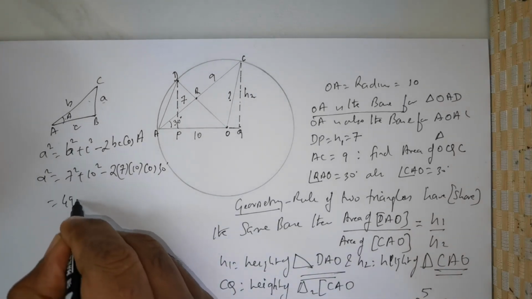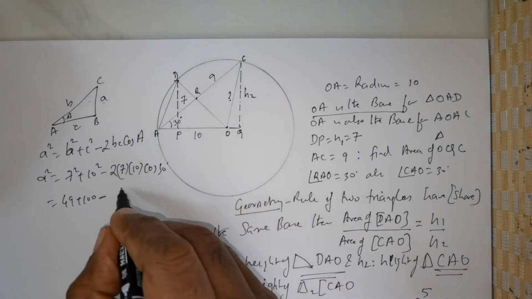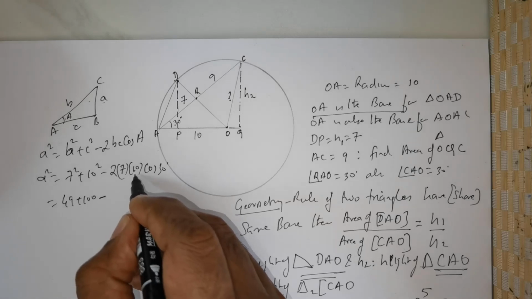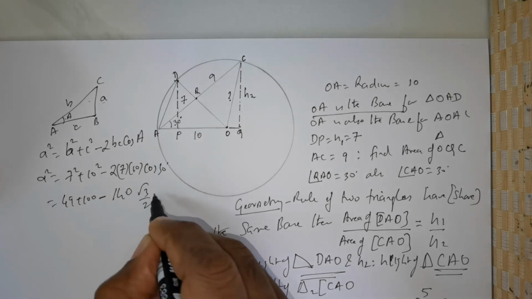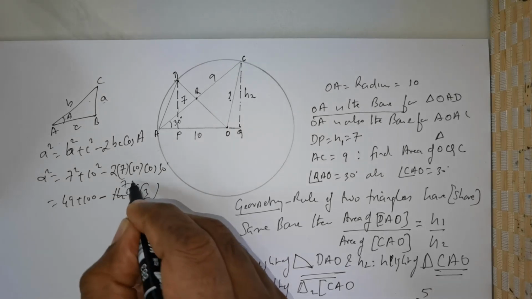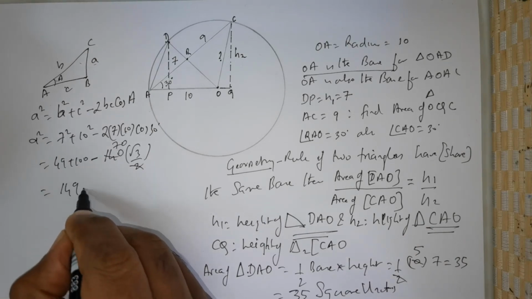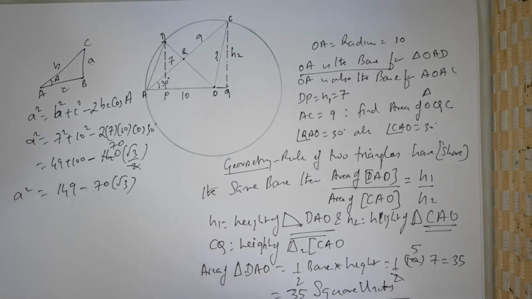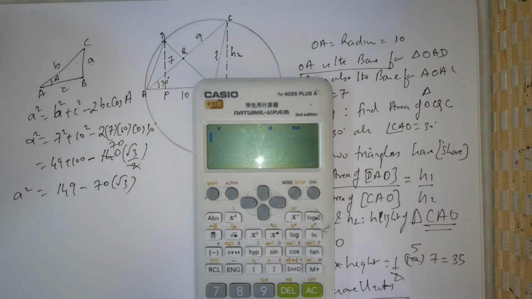So this is 49 plus 100 minus 7 times 2 is 14, 14 into 10, 140. Cos of 30 is root 3 over 2. So 2 divides here, 70 times. So you got 149 minus 70 times root of 3. This is my a squared. So let me take my calculator.